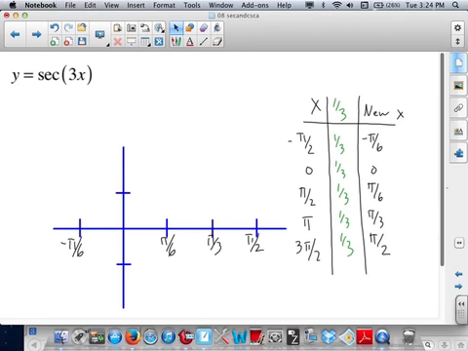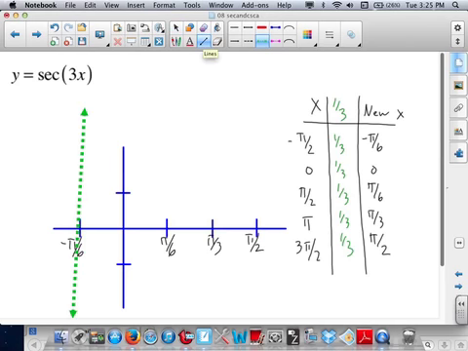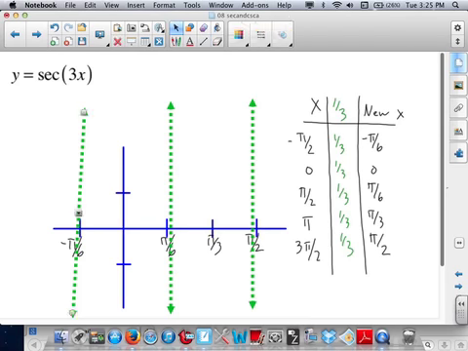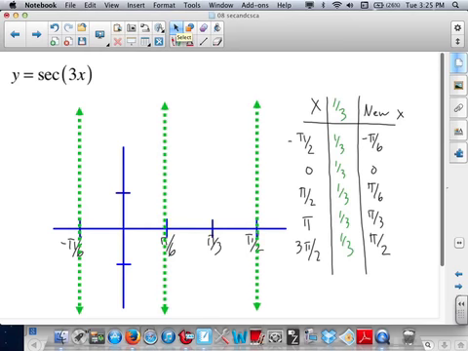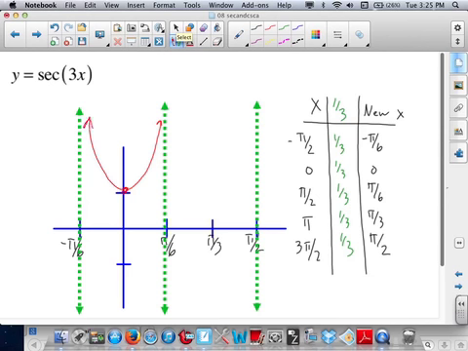Go ahead and put on my asymptotes, still at pi right here. It's a little crooked. Right here and right here. And then we'll go for our graph. This was secant, right? So it'll go like this. First parabola up, second, the parabola pointing down with my vertex.